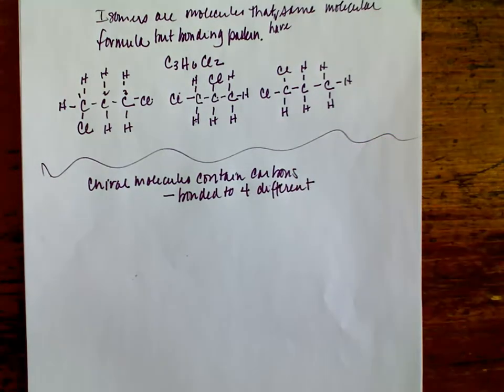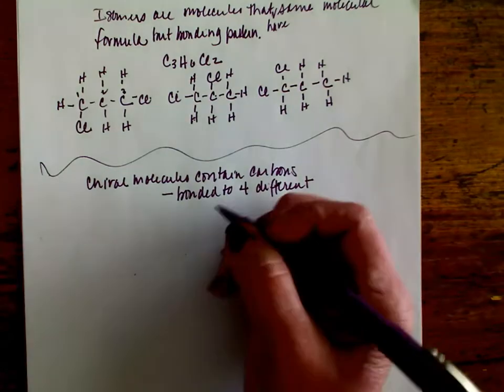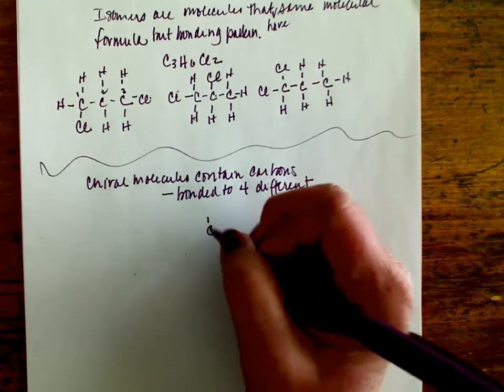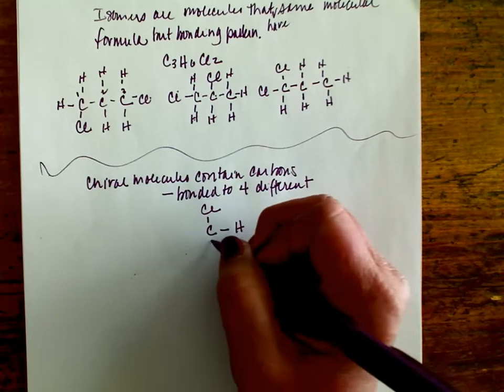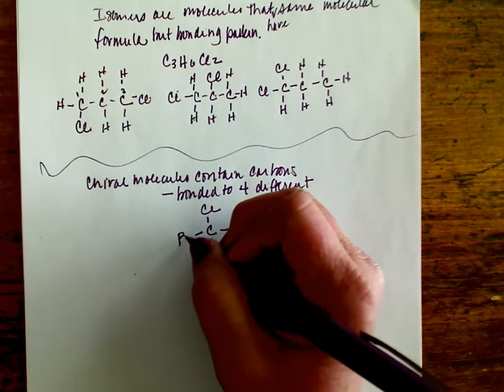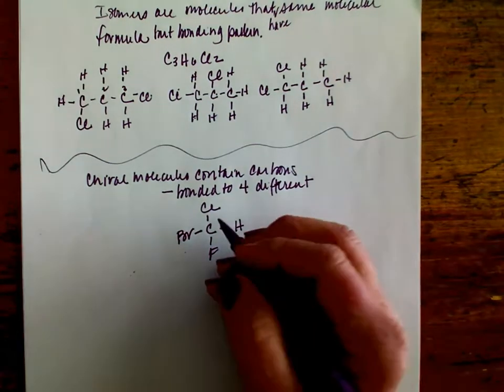And we saw that the alpha carbon in our 20 standard amino acids, with the exception of glycine, were all chiral. Okay? So a simple representation of a chiral molecule, I've got a carbon, and it's bonded to a chlorine, a hydrogen, a fluorine, and a bromine, for example. So 4 different groups on that carbon. So this is a chiral carbon.